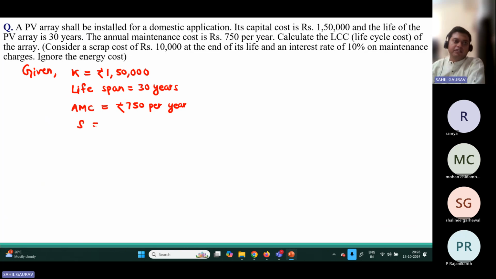The scrap value is given as rupees 10,000 at the end of its life, and an interest rate of 10% on maintenance charges.